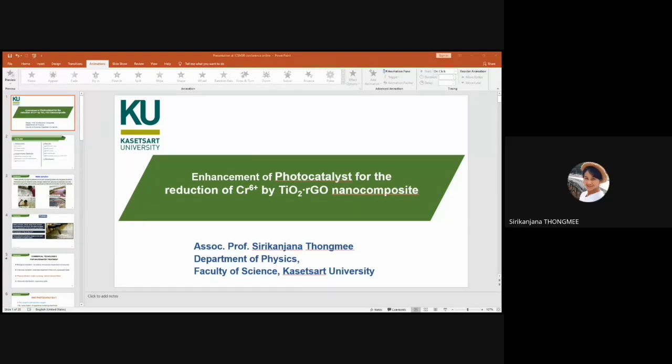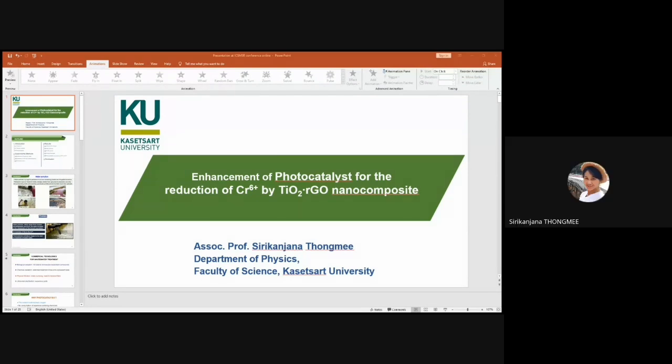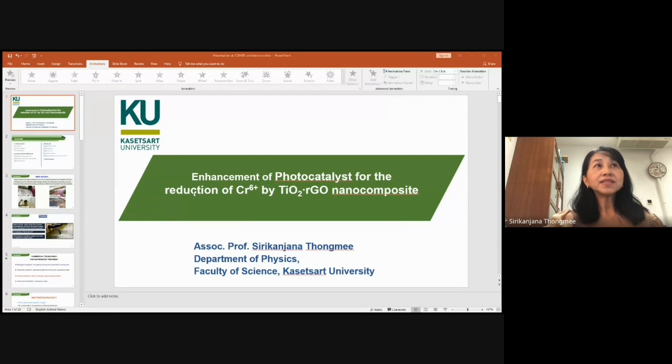So why do many researchers focus on photocatalysts? This is because the oxidation uses atmospheric oxygen, with no consumption of expensive oxidizing chemicals and no production of sludge.